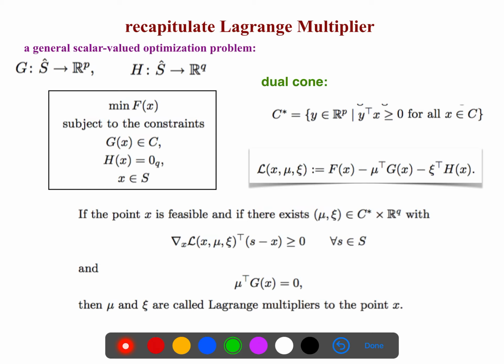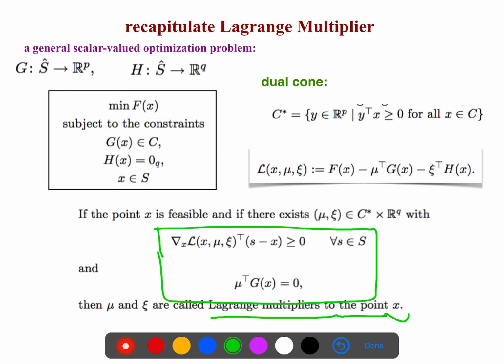So let's recapitulate the Lagrange multiplier. Let's make a summary. Okay, so we define the Lagrange multiplier at point x if it satisfies these conditions. Why is it important? Because we know that the minimum and maximum of an optimization problem satisfies, at least the necessary conditions of the KKT condition, that the derivative of the Lagrangian is equal to 0.